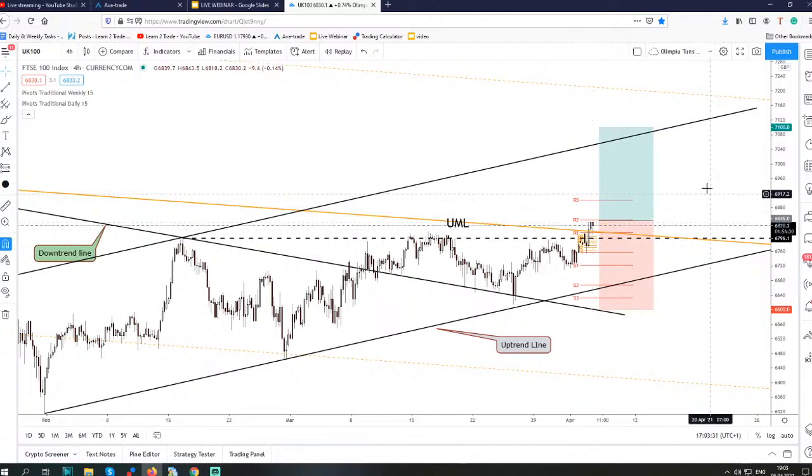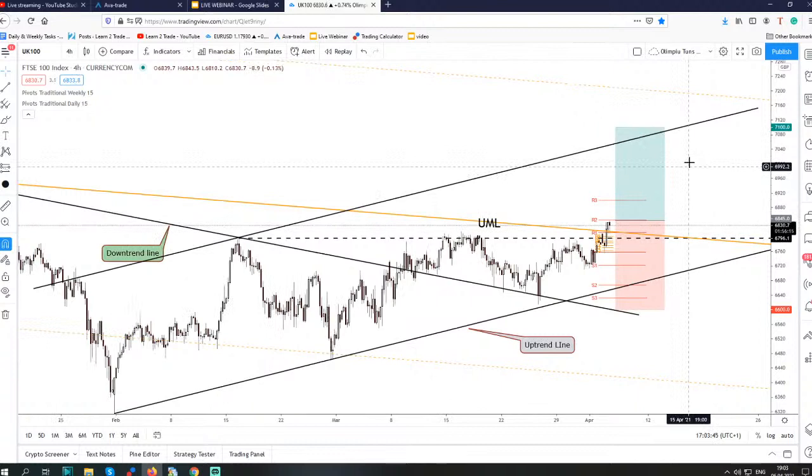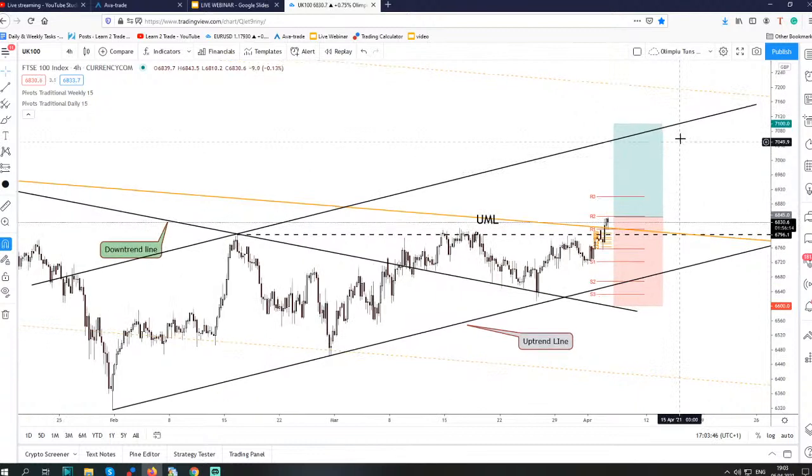We'll come back with further instructions in the VIP Telegram group, but we will keep this take profit here and also our stop loss right below this former low for now.